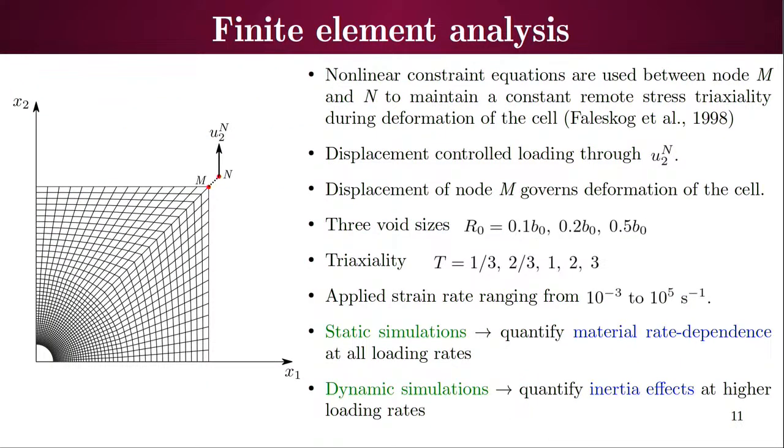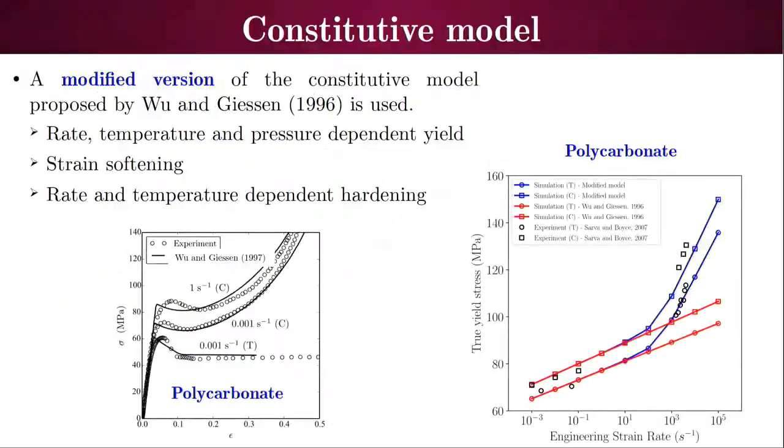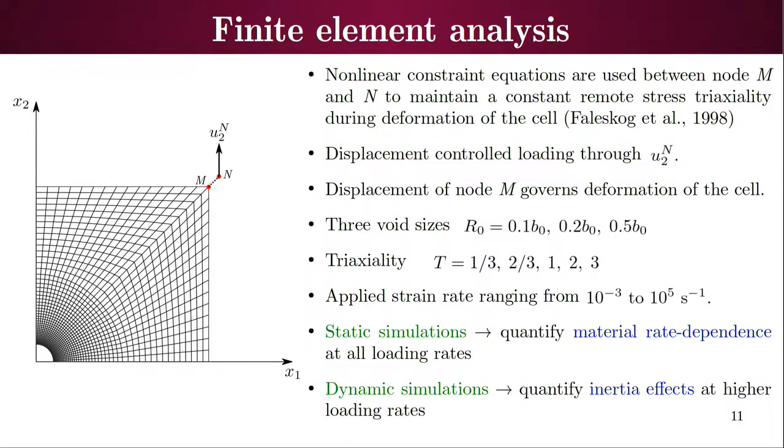Now, the finite element analysis. So, this is my mesh basically, with the nonlinear constraint equation. In order to maintain the constant triaxiality, we take a particular node here where we apply a uniaxial loading. This node and this node of the cell are connected with a nonlinear constraint which has been defined by Faleskog in 1998.